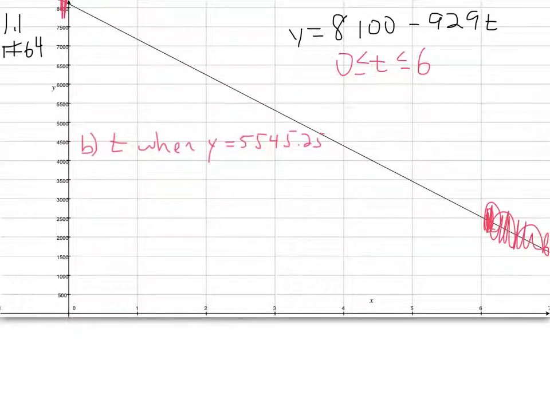Problem B says we want to figure out what the t is when we're at $5,545.25. Now that's going to be somewhere approximately, say 2.75-ish.